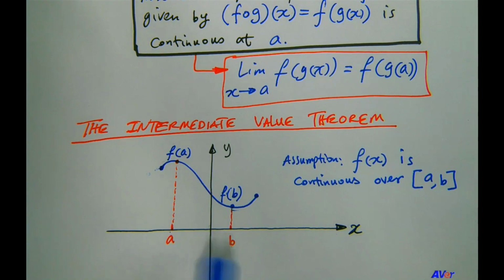In other words, if the function is continuous from a to b, then we must have at least one value between a and b such that at that value the function is defined.